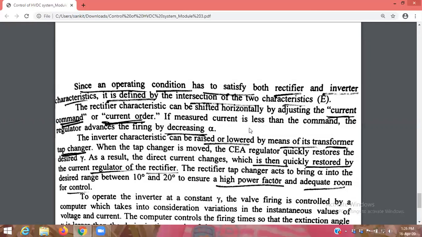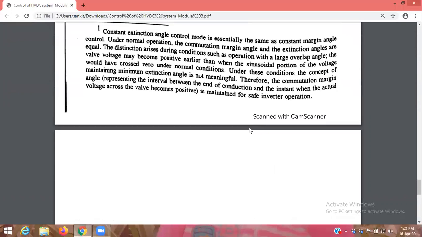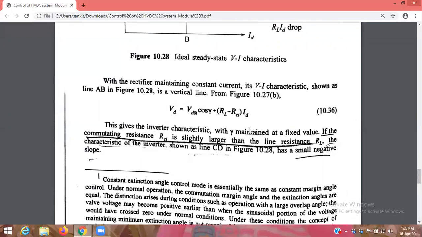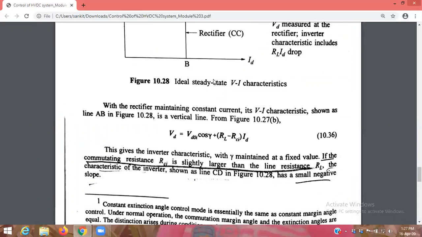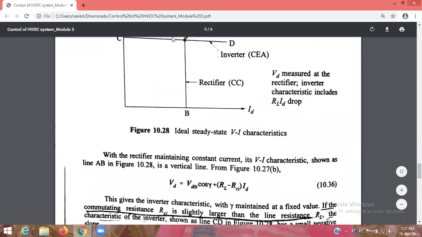Now, see, these inverter characteristics can be lowered or raised. This ID is constant because the rectifier is at constant current.